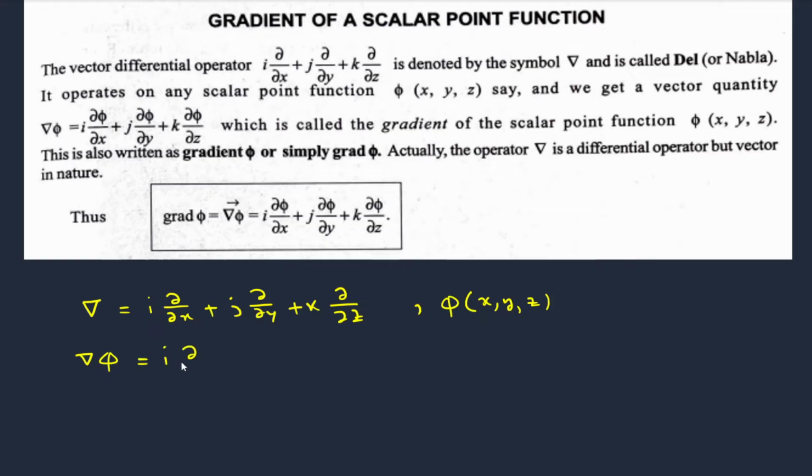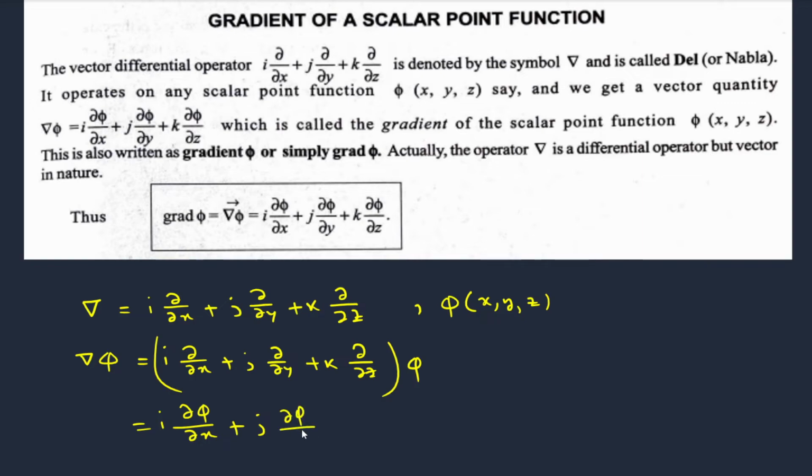So it becomes i del phi/del x plus j del phi/del y plus k del phi/del z.